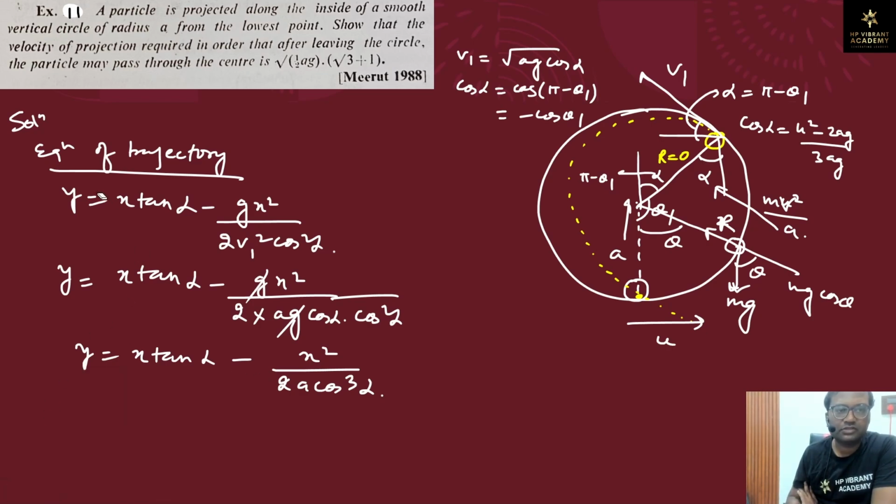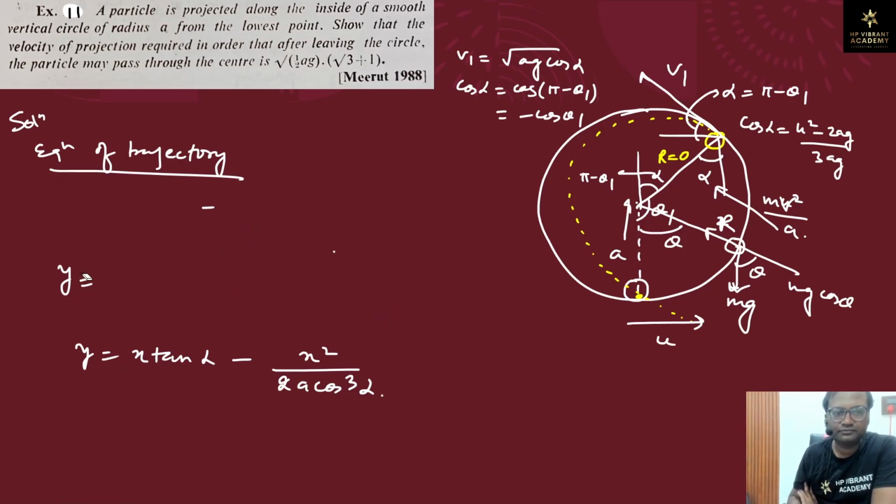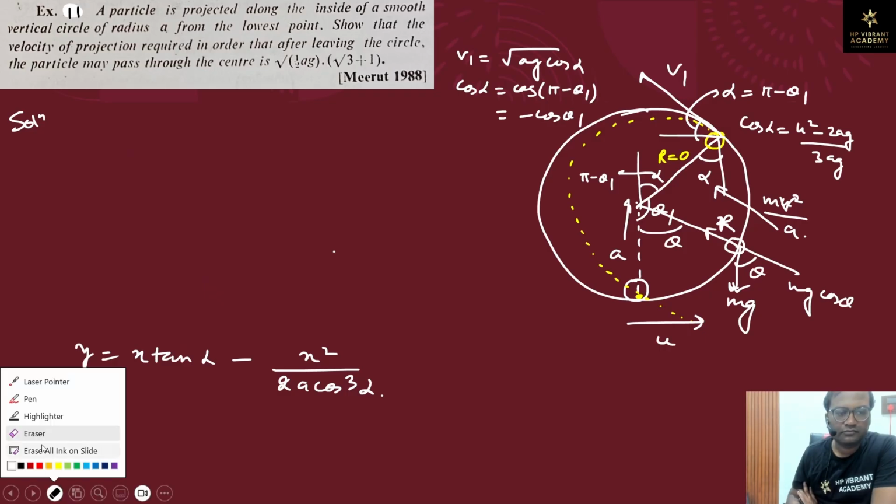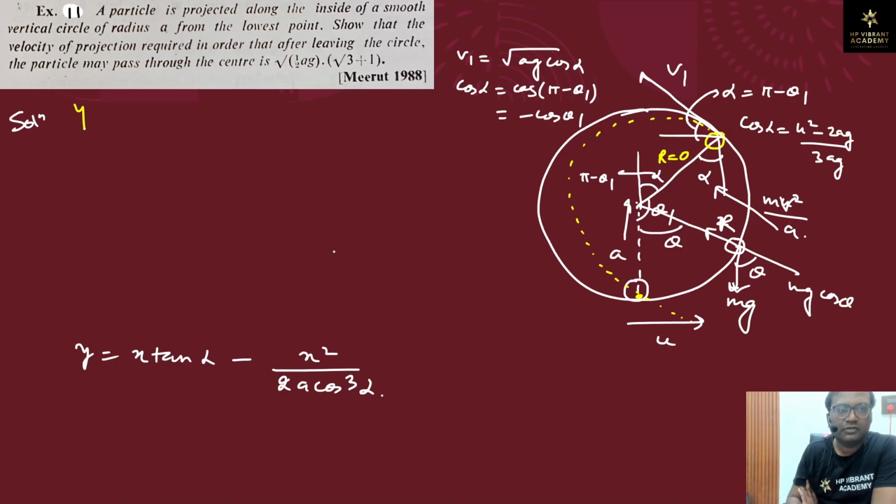So what is the equation of trajectory? The equation of trajectory is y is equal to x tan alpha minus x square upon 2a cos cube alpha. Okay, so we need the velocity of projection required in order that after leaving the circle the particle may pass through the center.